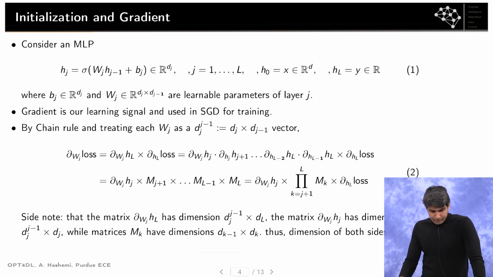So let's consider a multi-layer perceptron, and we're going to use it to point out two potential issues that could arise, and therefore see how we can leverage initialization techniques to mitigate them. So what was a multi-layer perceptron?